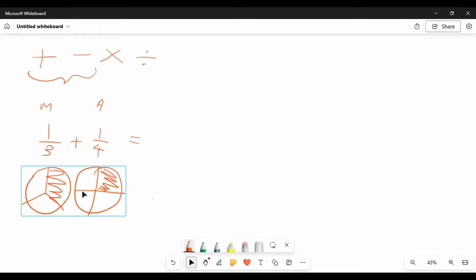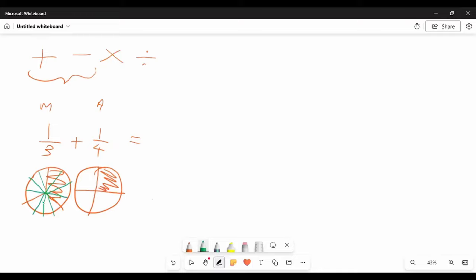So in order to make the pieces the same, we'll see Malik's one. I'm going to cut each of his pieces into 4. I'm going to cut like this, and like this. And again like this, like this, like this.